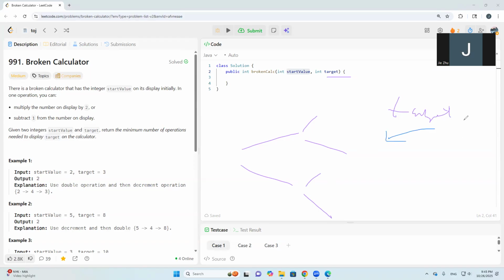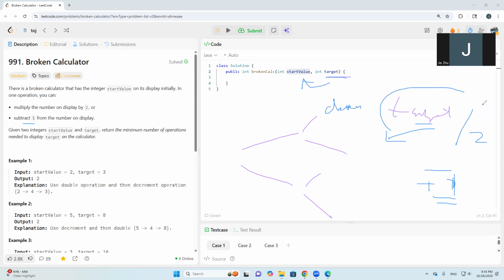So for the target, if it is divisible by 2, we divide by 2. If not, we do the reverse: the reverse of multiply is divide, and the reverse of subtract is plus 1, right?